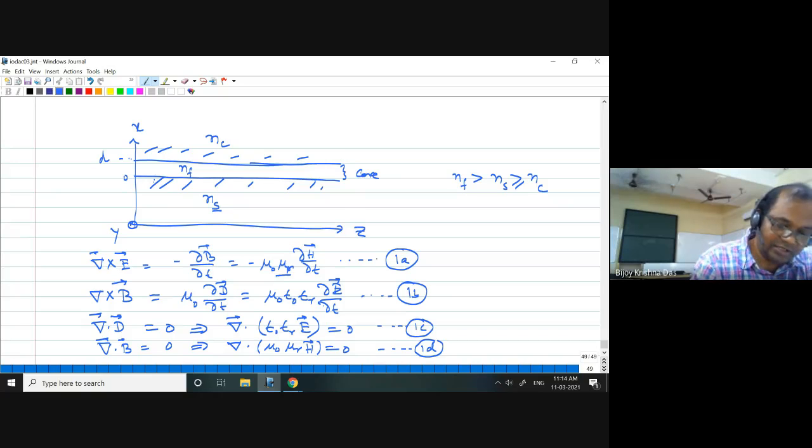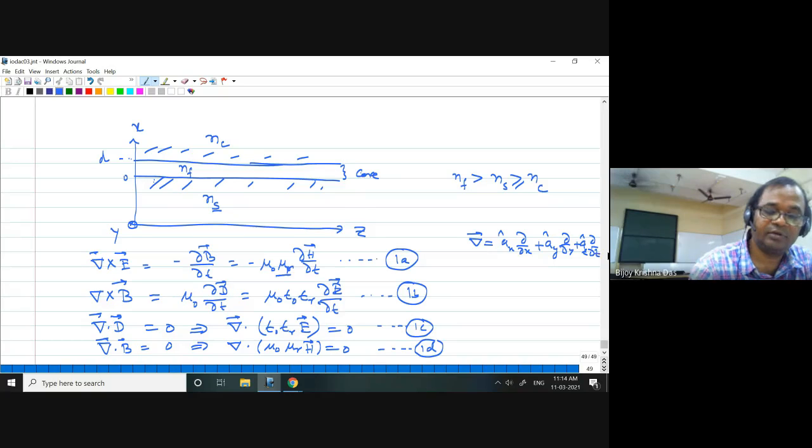So that is the reason I cannot easily take epsilon r out of this divergence, because I know that del is nothing but ax del/del x plus ay del/del y plus az del/del z, right?